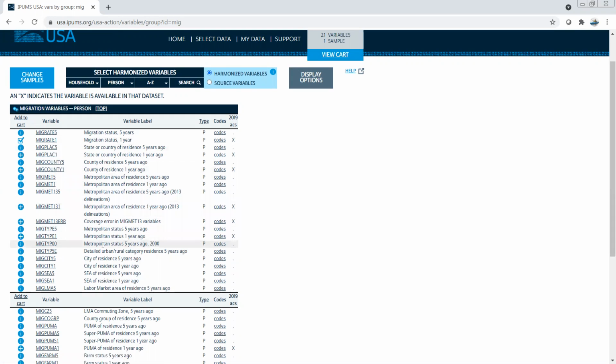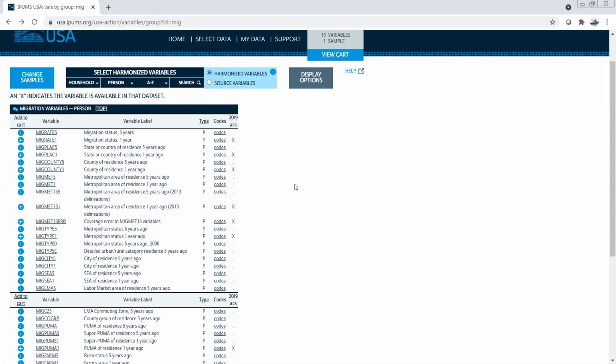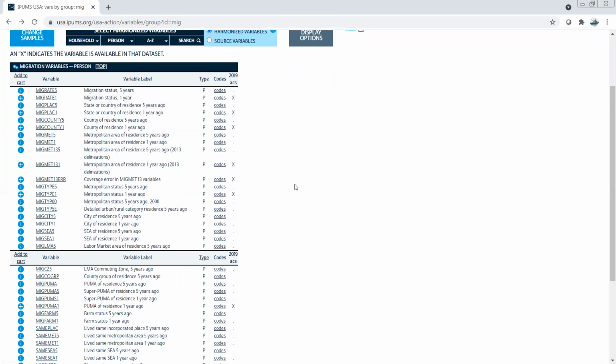If these are the same code as where they live now, that means that person had lived in the same place. Or you can assume that if this flag of migration has changed, then you can look at where that person moved from. So this is pretty helpful.